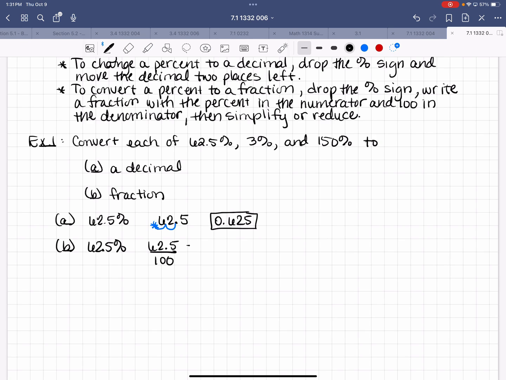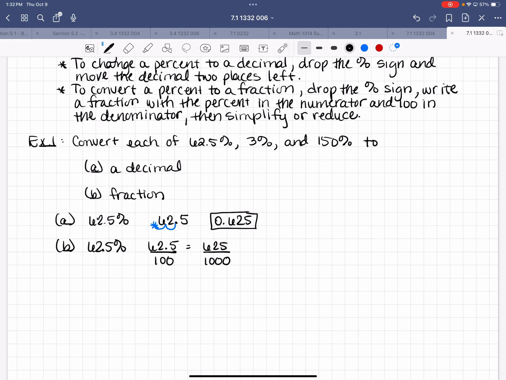Quick and dirty way to do that is I'm going to move that decimal and make that 625, and then I just add a 0 onto the 100 and make it 1,000. Guys, what you really did is you multiplied the numerator times 10 and the denominator times 10. So you really didn't change it at all. You just multiplied by 1 because 10 over 10 is 1. But that does give you 625 over 1,000.